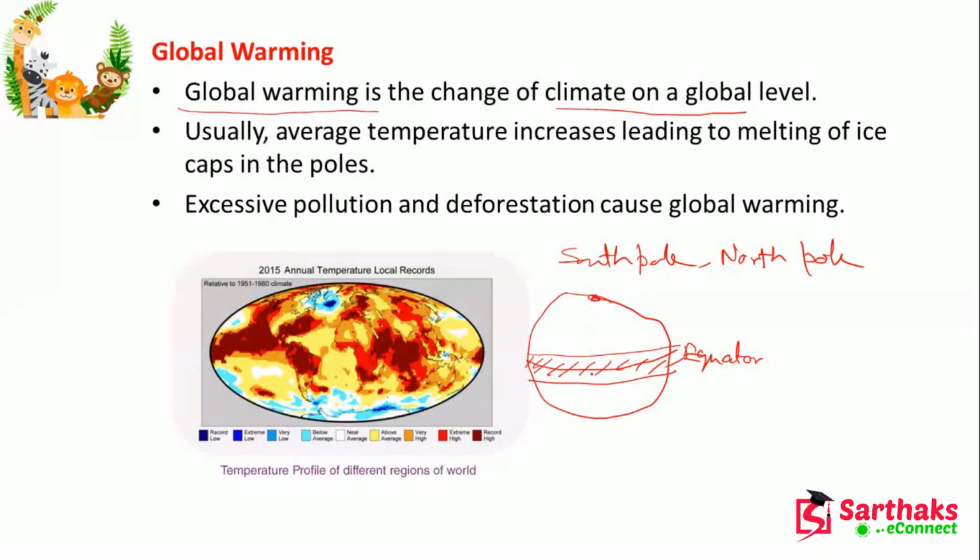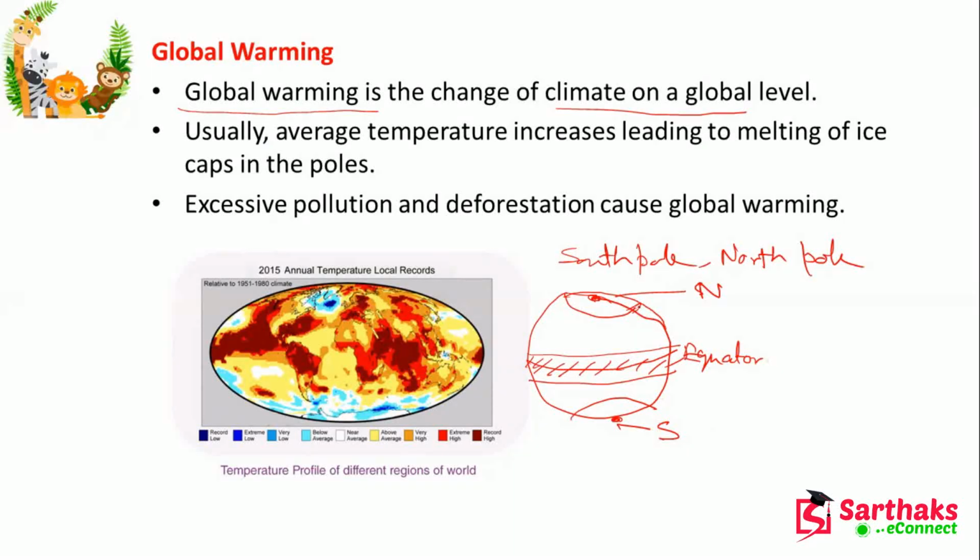But in the pole area, this one is the north pole and this one is the south pole, the temperature is very low. That's why we can see glaciers and ice there.